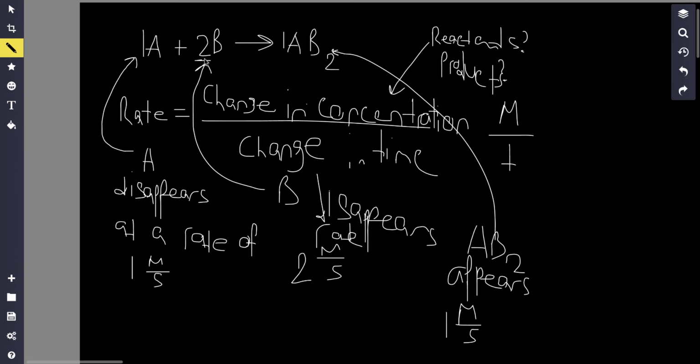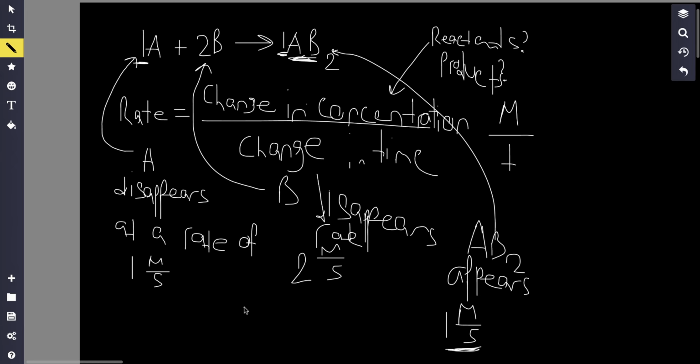Well, by the same logic, that means that B is going to disappear at a rate of 2 molar per second, right? Based on the mole ratio, we're going to use twice as much B as we have A, so the concentration is going to be lost twice as fast, essentially. And by the same logic, we're going to say that AB2 is going to appear, because remember, AB2 is a product, right? So the concentration is going to be increasing. So AB2 is going to be appearing at a rate of 1 molar per second, because the coefficient is 1.